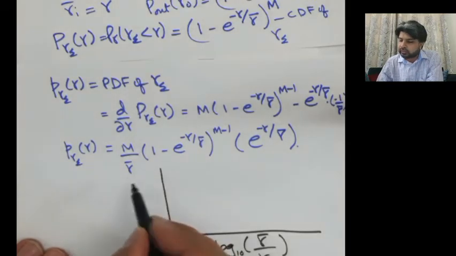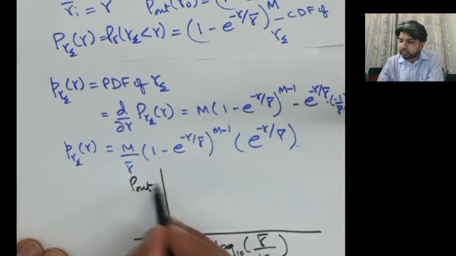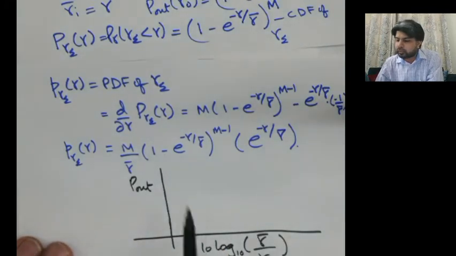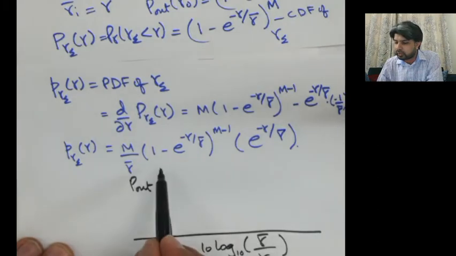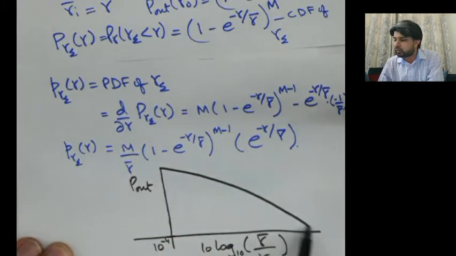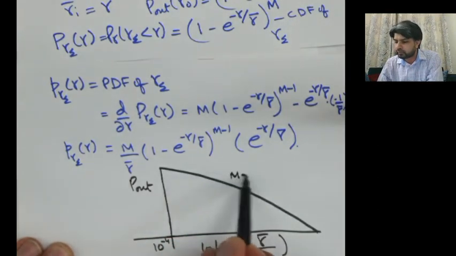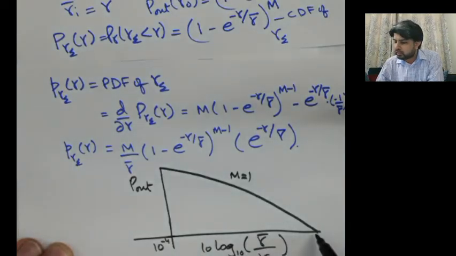And on this axis you have the outage probability. So this is the point of 10 to the power minus 4. If you're looking at 10 to the power minus 4 outage probability, then if m is equal to 1, you require almost 40 dBs here.